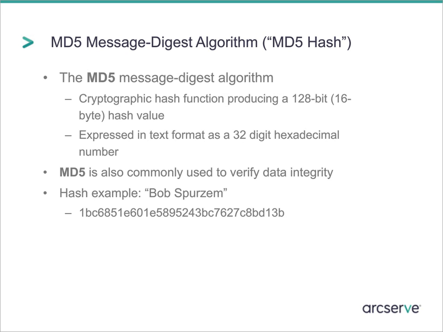So the MD5 algorithm ensures that we generate a unique 32-digit hexadecimal number for any reference hash label. In this example, the name Bob Spursum equates to that long number at the bottom, and that's unique.